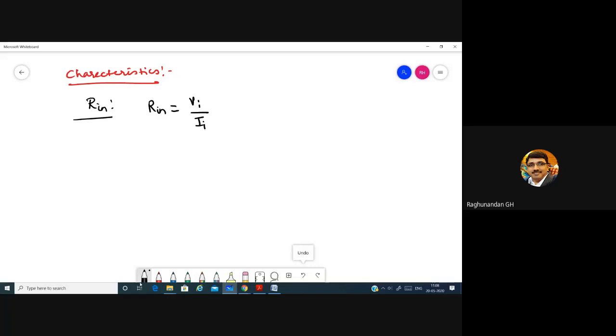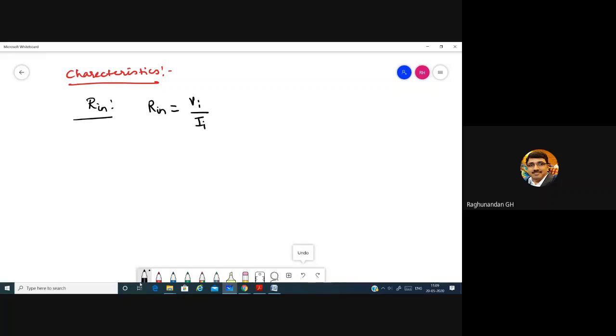It can be any voltage to any terminal, whether you use common gate, common source, or common drain configuration. This is the generalized equation. So input resistance is equal to input voltage by input current.